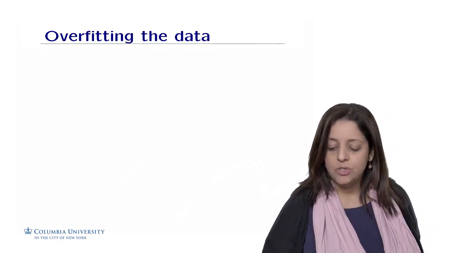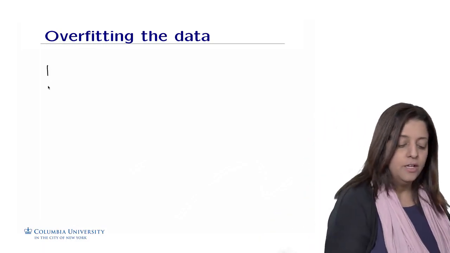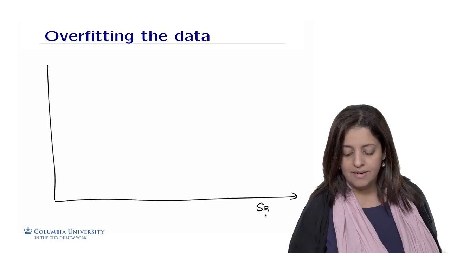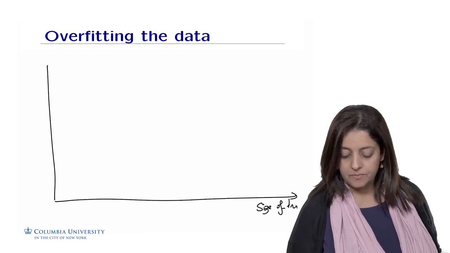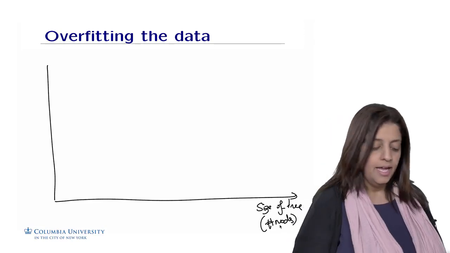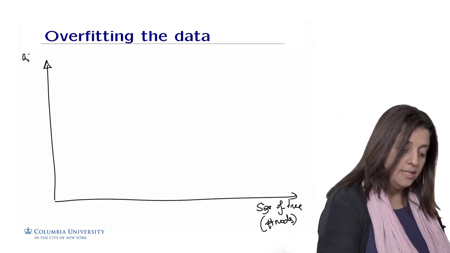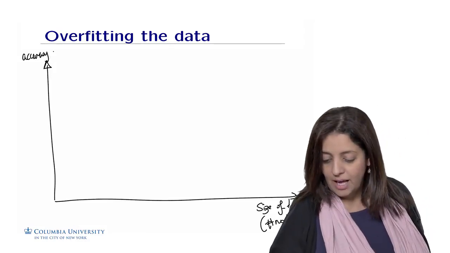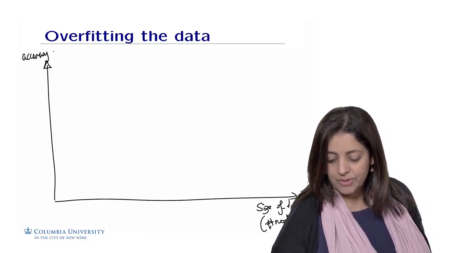Okay, so if we illustrate that with a graph, suppose you're putting the size of the tree on the x-axis, right? It could be simply the number of nodes in the tree. And you put on the y-axis the accuracy of your decision tree. I'm going to plot what would roughly the accuracy on the training set look like.